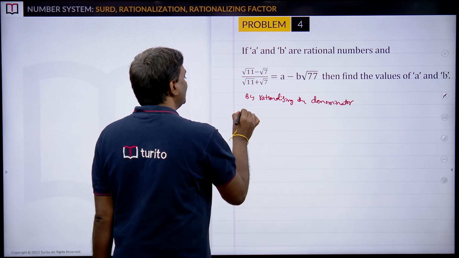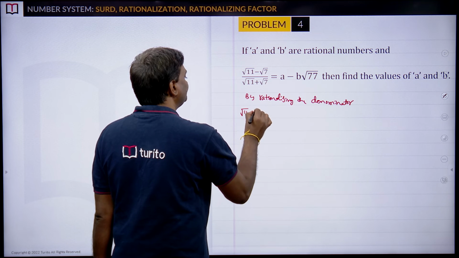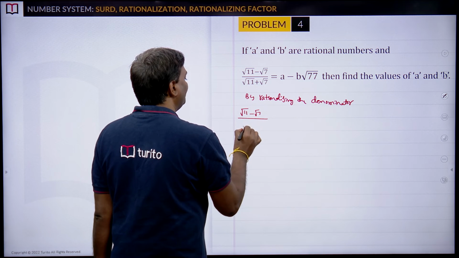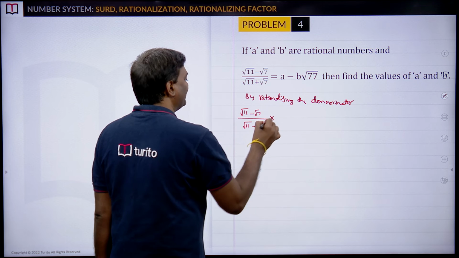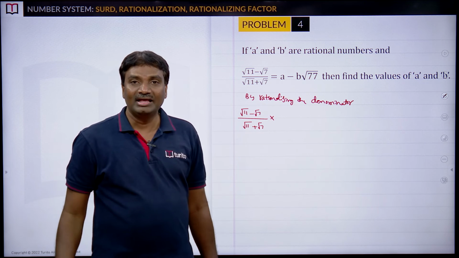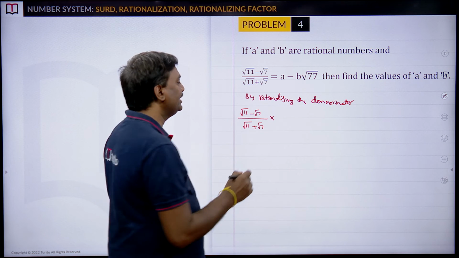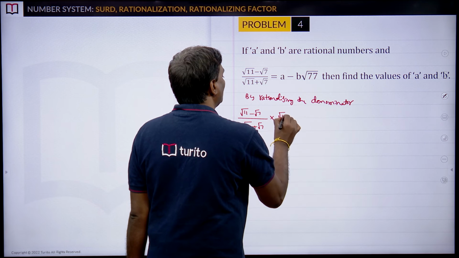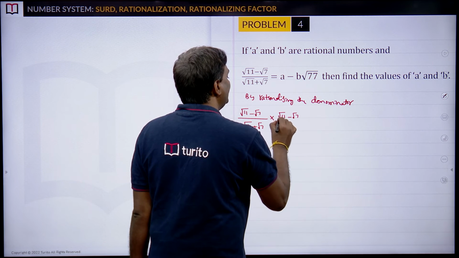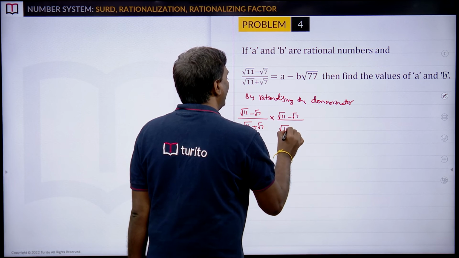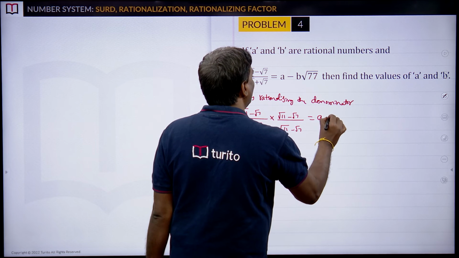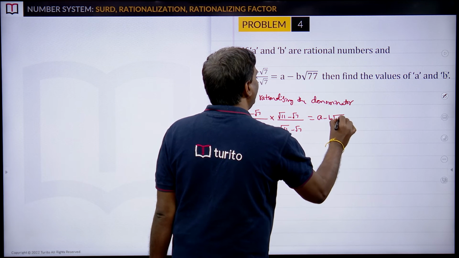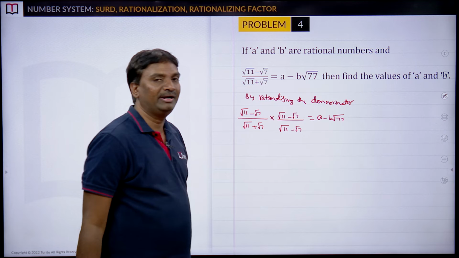So, you will get root 11 minus root 7 by root 11 plus root 7. Since plus is there, in the rationalizing factor you will get minus: root 11 minus root 7 by root 11 minus root 7 equals a minus b into root 77.